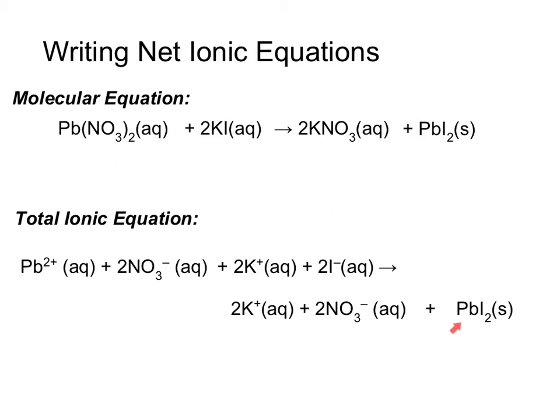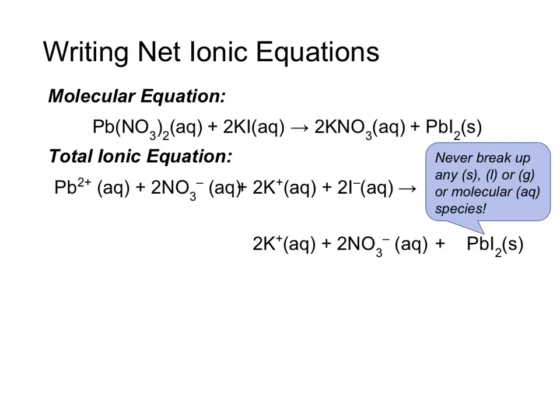And so we still show it as lead iodide solid. So in an ionic equation, we will never break up any solids, liquids, gases, or molecular species. So we see here our lead iodide again. We do not break it up because it is a solid.